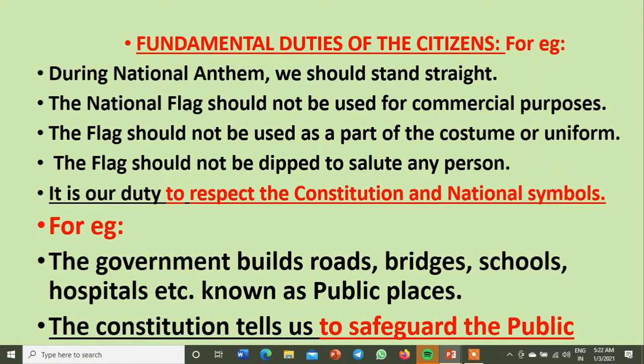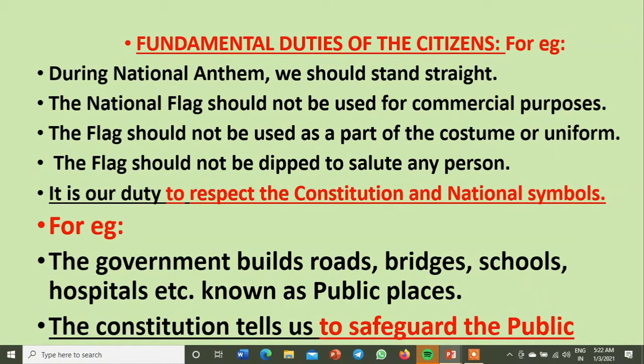The flag should not be used as a part of a costume or uniform. I think we have never seen a misuse of the national flag for costumes or anything. The flag should not be dipped to salute any person. Yes, it should not be dipped. Now, it is our duty to respect the Constitution and national symbols.